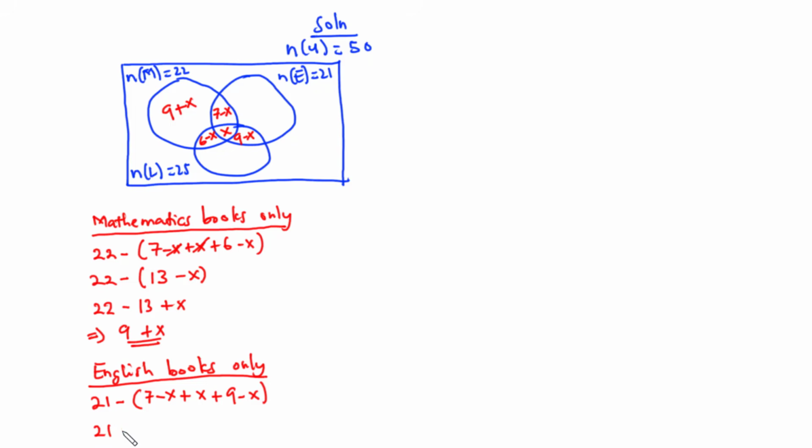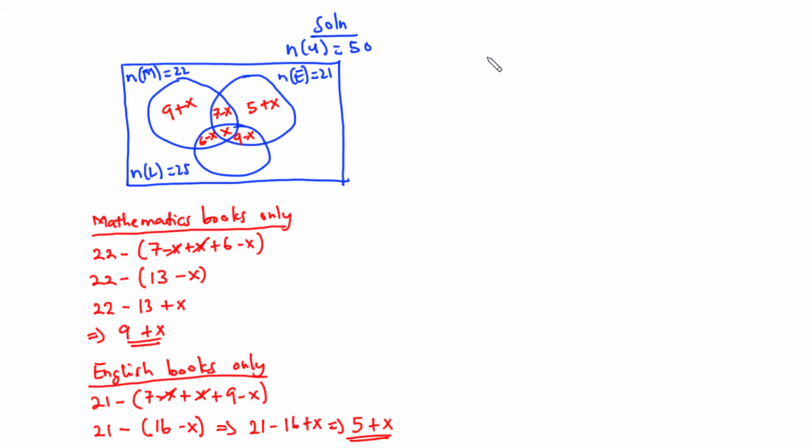So we have 21 minus, now 7 plus 9 is 16. So 16, negative x cancels positive x, we are left with negative x. So we have 21 minus 16 plus x, which is, now 21 minus 16 is 5. So we have 5 plus x. So this is the expression for the number of students who had only English books.